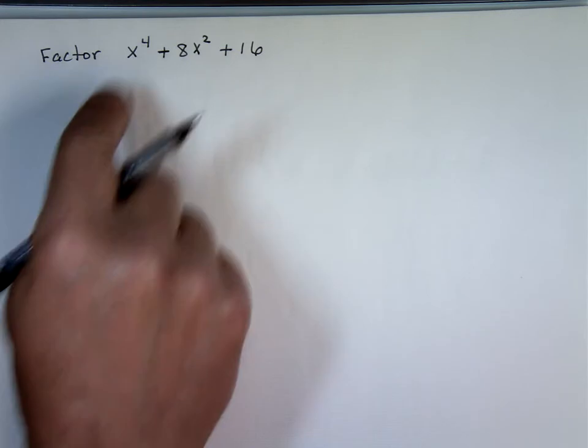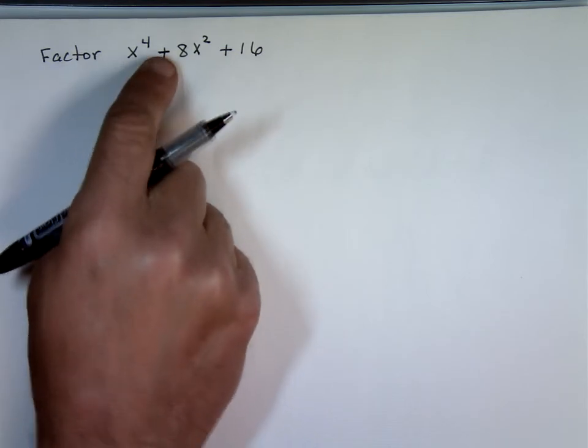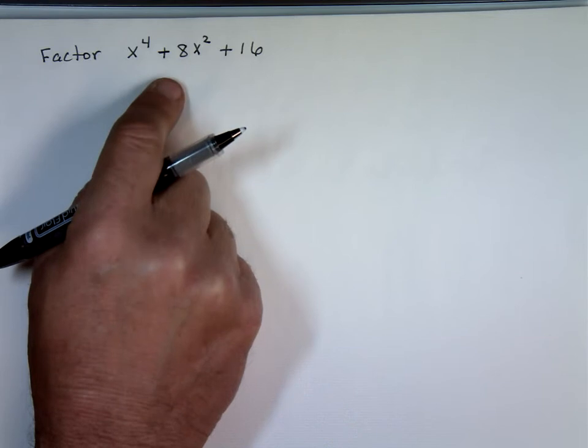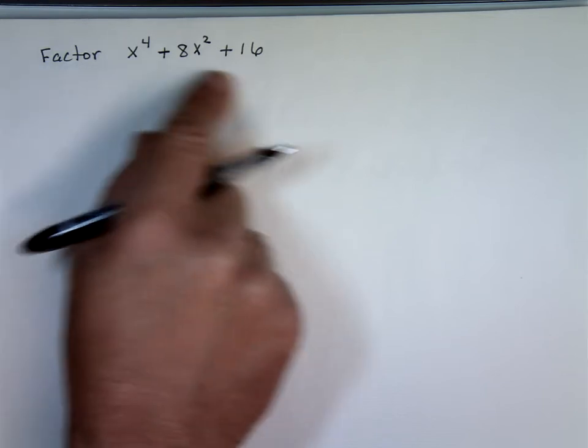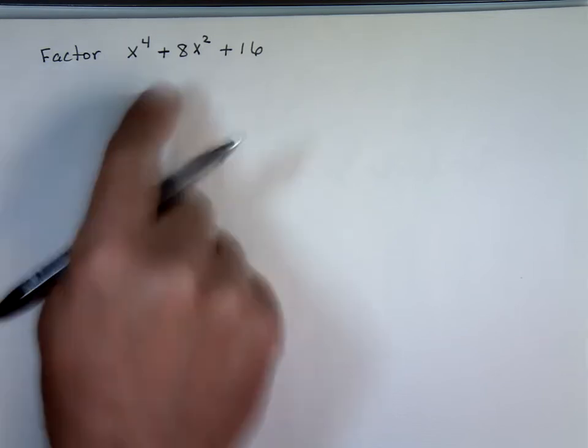Notice x to the 4th here, not squared. And there is no greatest common factor. There's nothing common to all three of them.